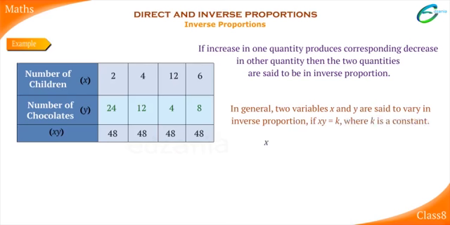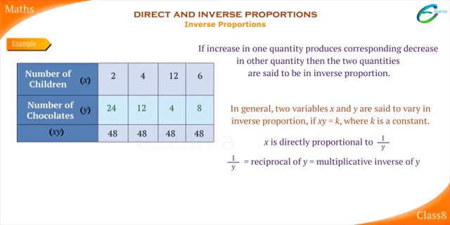Thus here we can say that x is directly proportional to 1 over y. But 1 over y is the reciprocal of y, which is also called the multiplicative inverse of y. x is directly proportional to the inverse of y and is written as shown here.